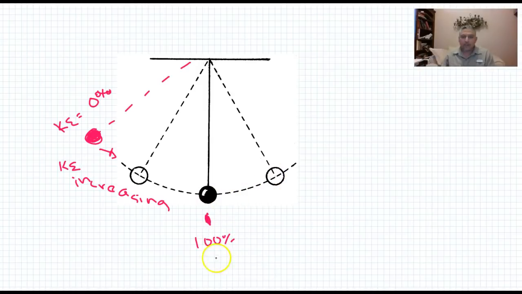Once it goes up to this section, your object is going to start slowing down, so kinetic energy is going to be decreasing. If you look at the potential energy from the previous lesson, you will notice that everything is opposite. So be very careful when you do your assignment and your homework for today.